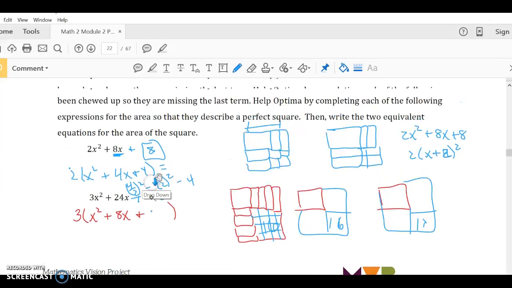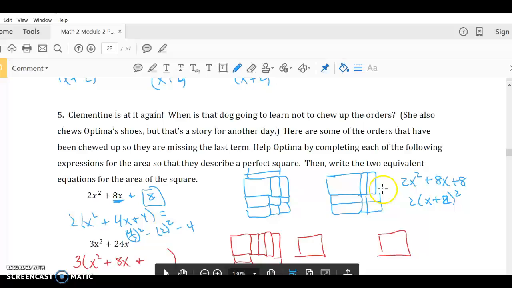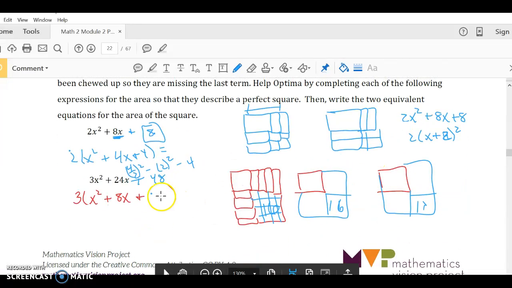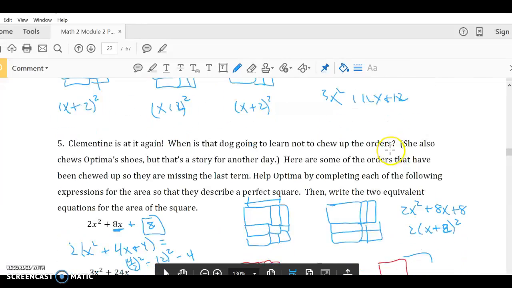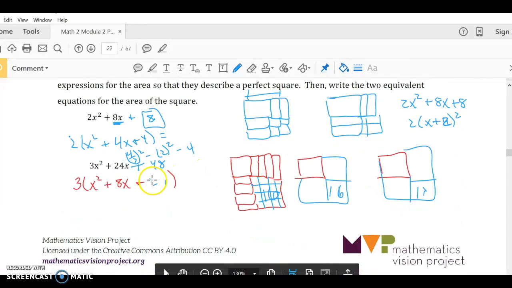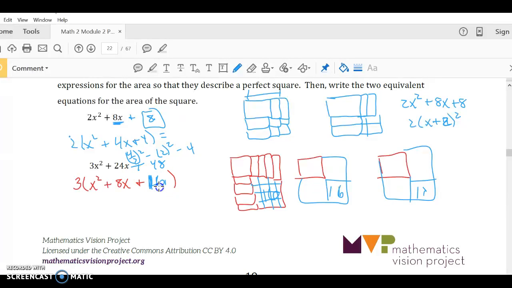Why does this keep jumping? So if we add 16 to each one, 3 times 16 is 48.